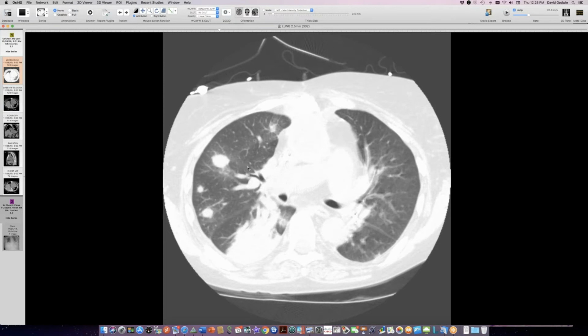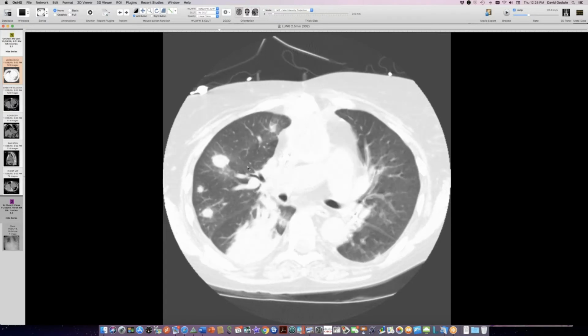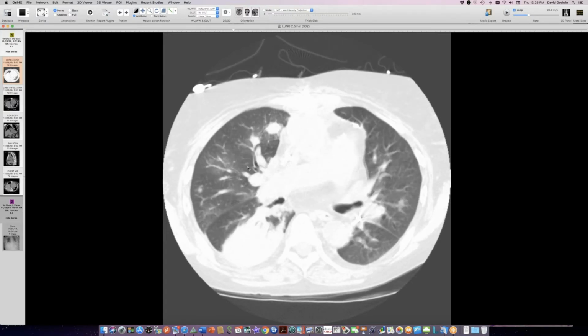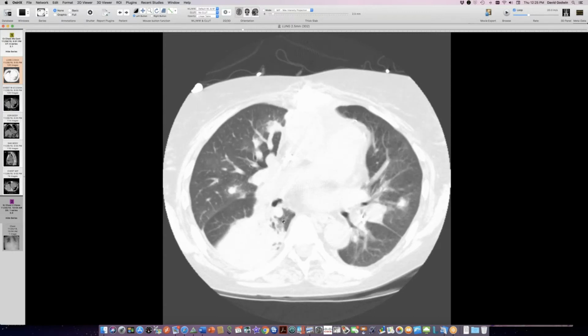So I would put PTLD ahead of that, because you can have numerous lesions with that. And she did have EBV status that would promote her susceptibility to PTLD. The other thing that can have lots of nodules is nocardia.